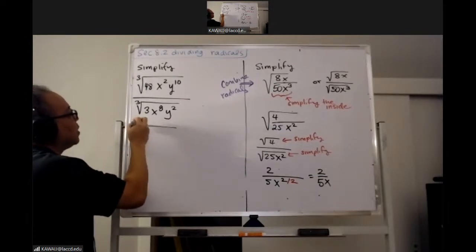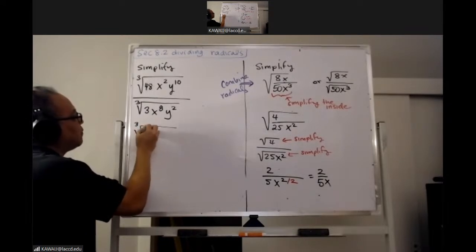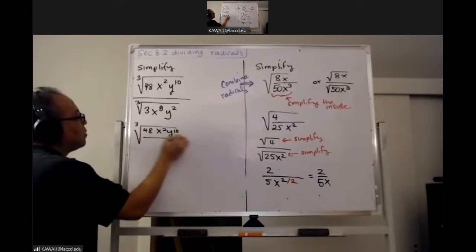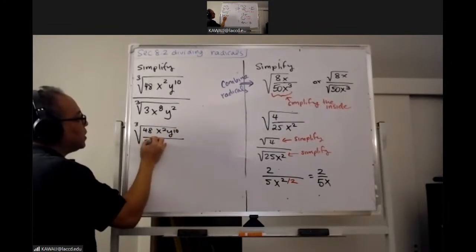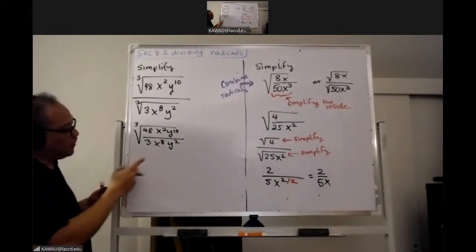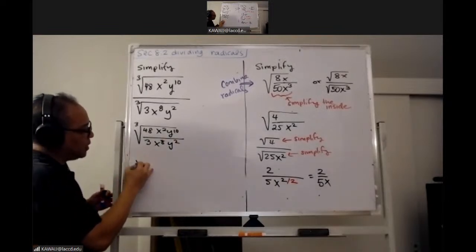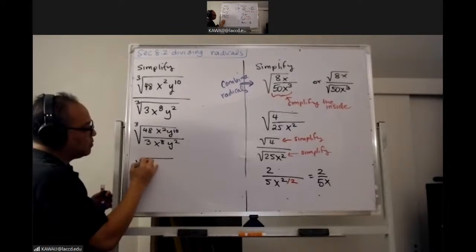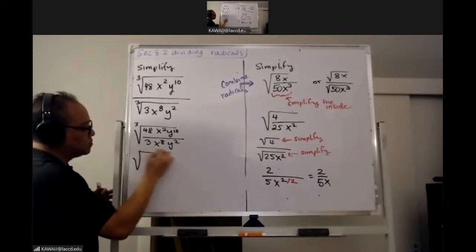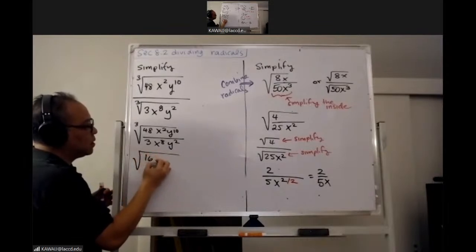So I have 48x squared y 10 over 3x8y squared. Okay. 48 divided by 3 is 16.